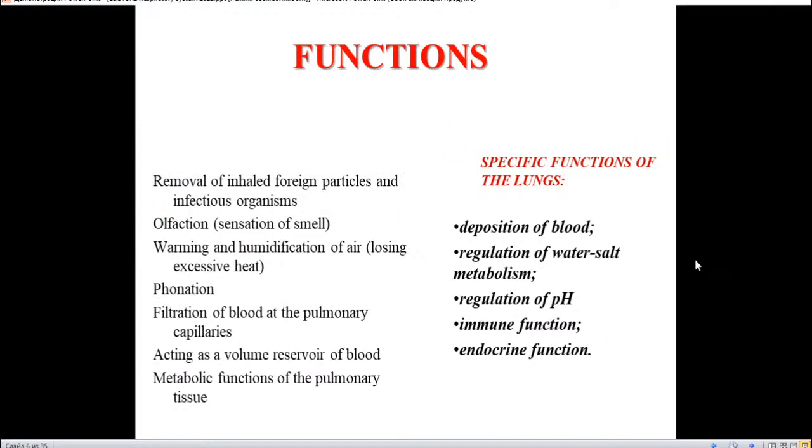In general, what are the functions of the respiratory system? Functions of the organs of breathing.